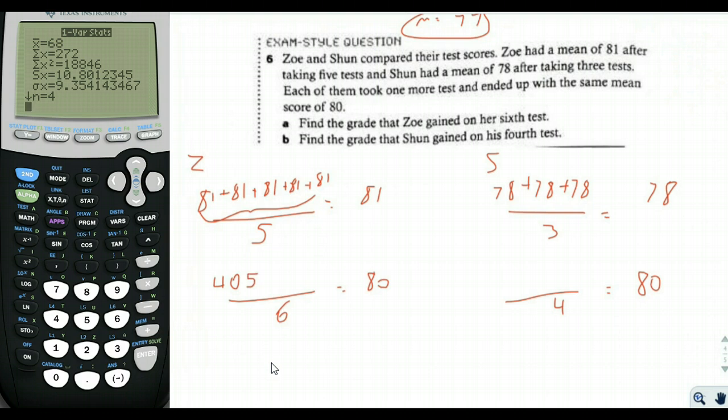So 405 plus the last test score for Zoe, I'll call it Z, divided by 6 is equal to 80. And the first 3 test scores of 78, multiply that by 3, and we get 234 plus S, divided by 4 is 80.